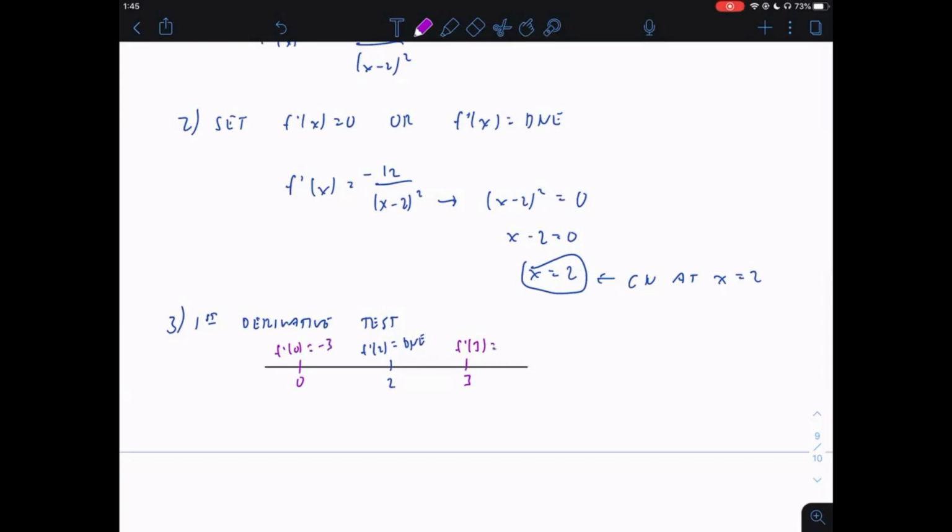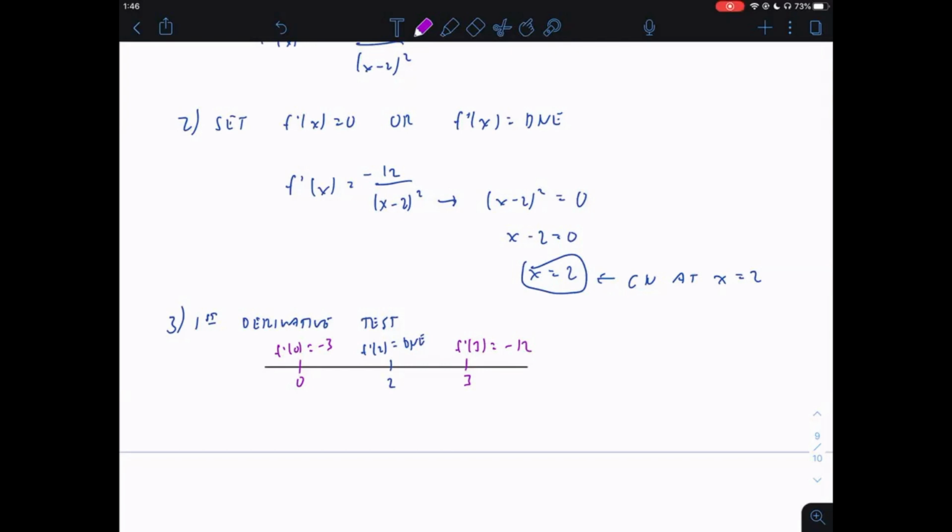Then plugging in 3 into our first derivative gives us negative 12 over (3 minus 2) squared. 3 minus 2 is 1, 1 squared is just 1, so negative 12 divided by 1 gives us negative 12.